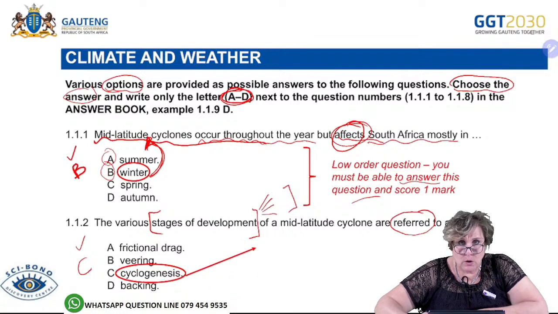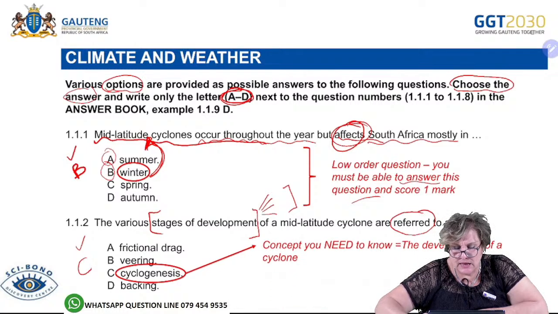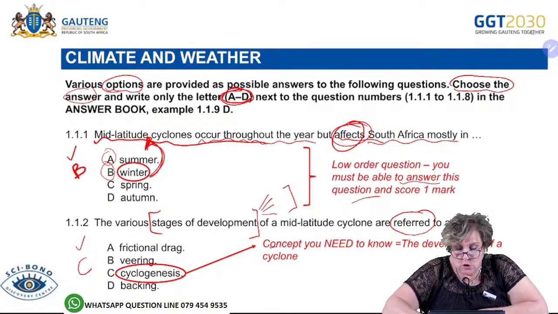If I go to 1.1.2, cyclogenesis, this might be a little bit of a question where you need to think, but here, you need to know your concepts. And during these lessons, several times, we focus and we emphasize the importance of studying concepts.